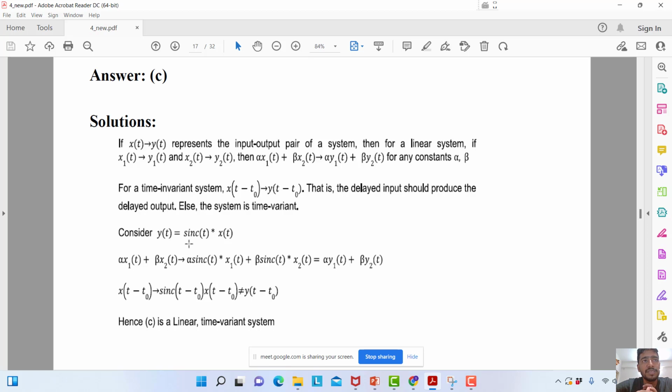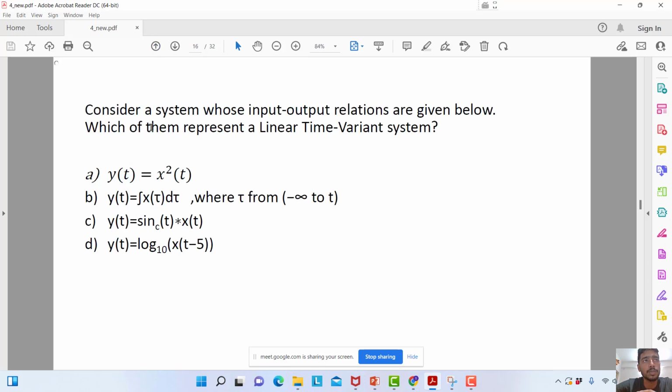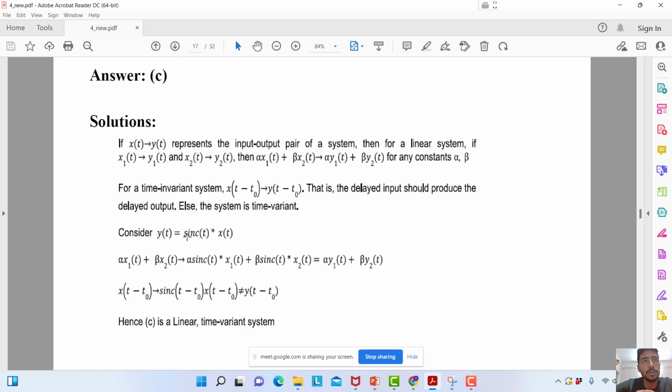Here, we pick option 3 and apply the condition of linearity. This is the input and that is the output. For linearity, alpha x1(t) plus beta x2(t) becomes alpha sin(t) x1(t) plus beta sin(t) x2(t). So it's just y1(t) and y2(t), so linearity is proved. This means it's linear.